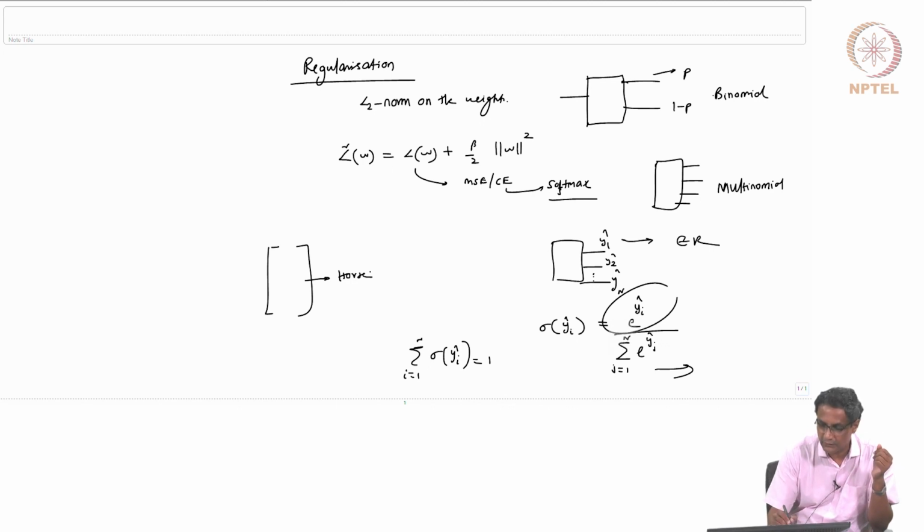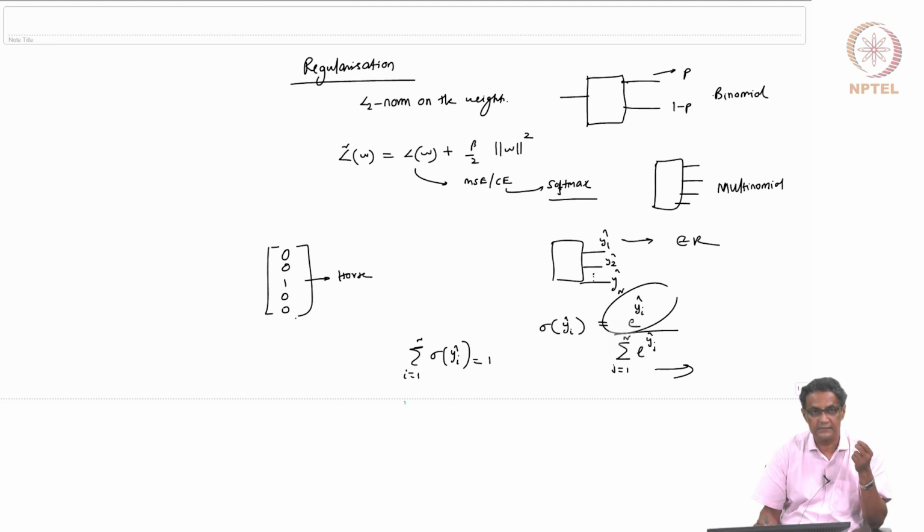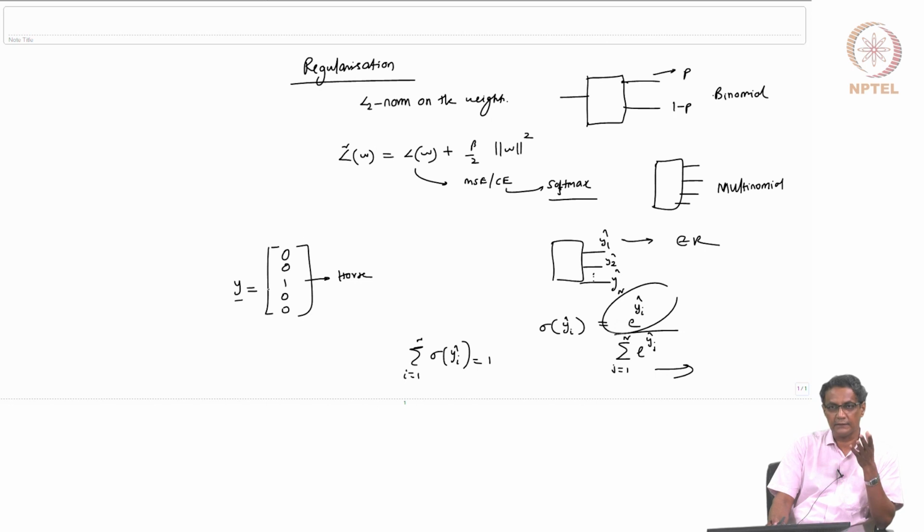I will make this 1 and reduce all the others to 0, because this is actually a horse. This is going to be your y, and y at some kth entry will have a 1. So when you do a cross entropy loss, you will have yi log ŷi, summation over i.